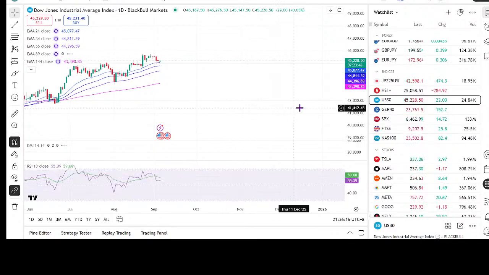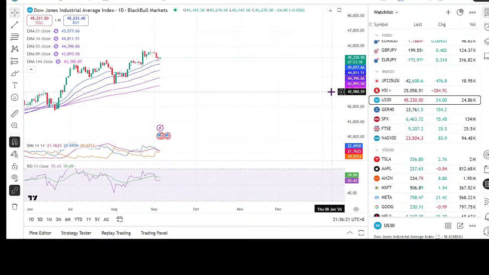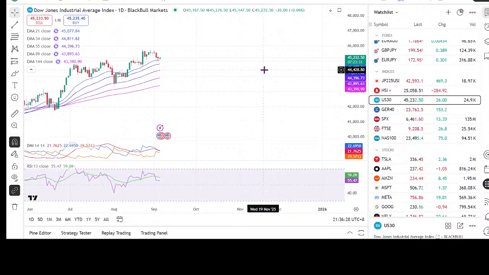The daily is yet to turn, so it's possible we may see price moving higher one more time before the market really turns down. The daily is yet to turn down, so that is another clue we need to pay attention to.